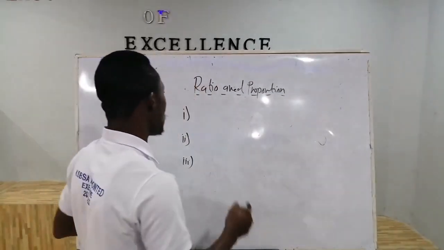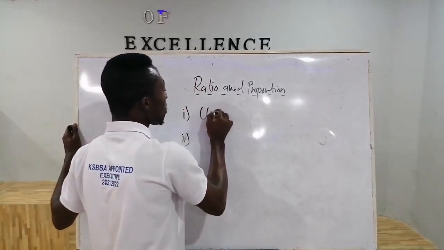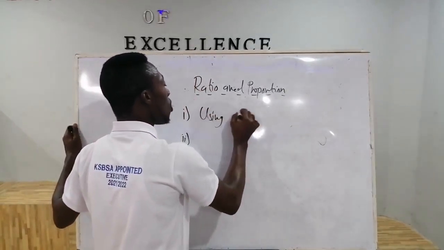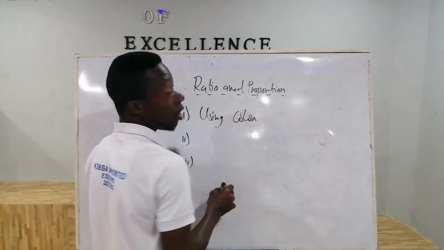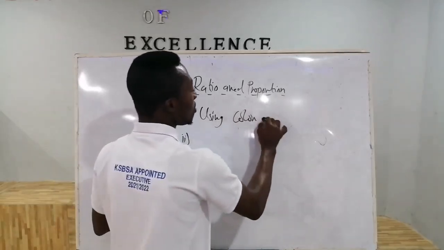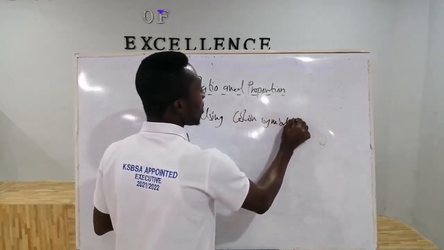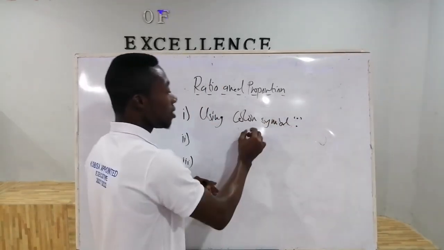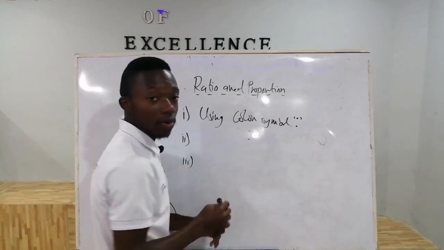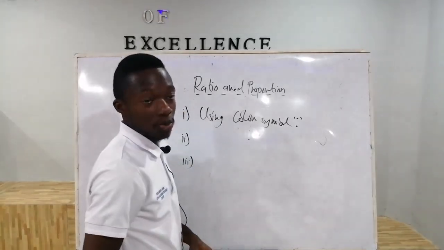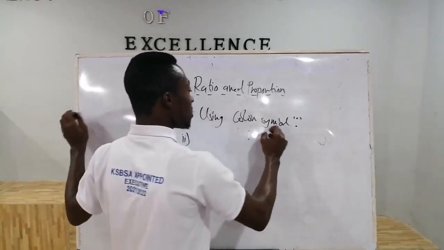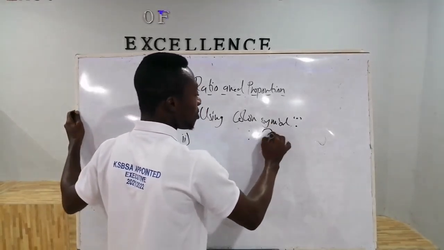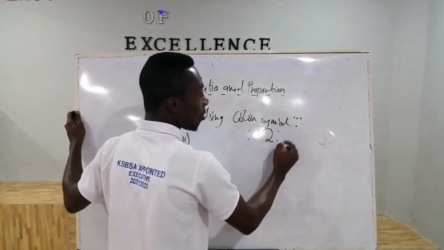We have the first one, where we use what we call the colon symbol, which is this. This is a colon symbol. When you see one dot on top and one dot below, we call it a colon symbol. For example, I can write here, let's say, 2 colon 3.